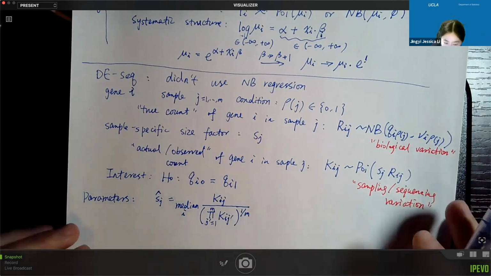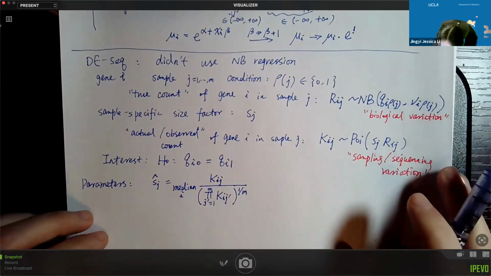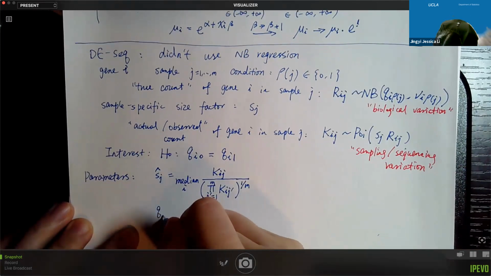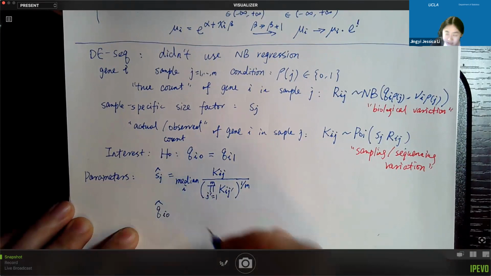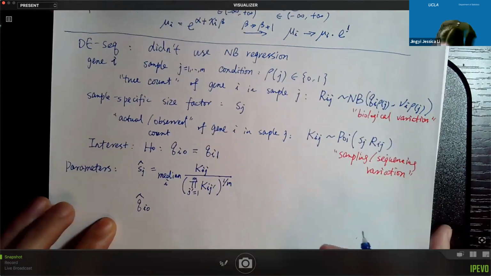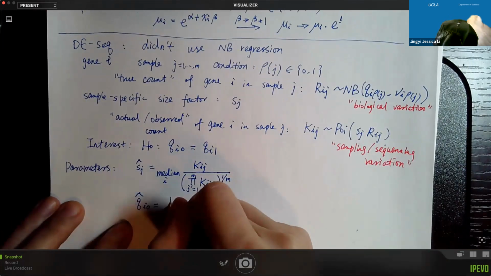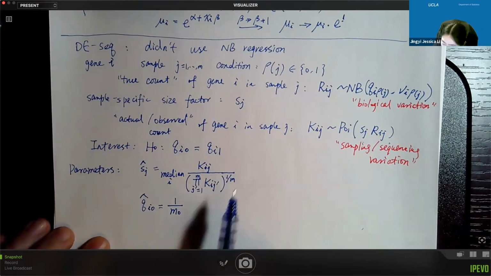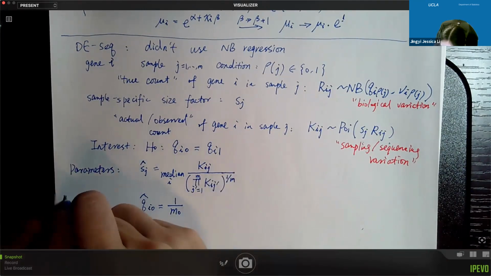So you can see essentially what they did is that they estimate Qi0, called the estimator hat, as the average of, okay, so I'll call M0 as the number of samples under condition 0.